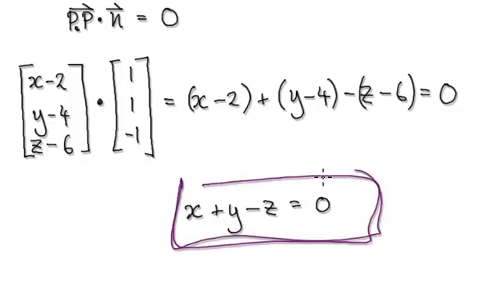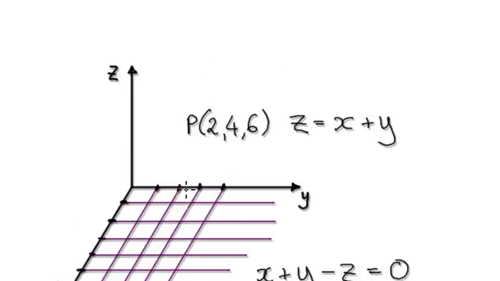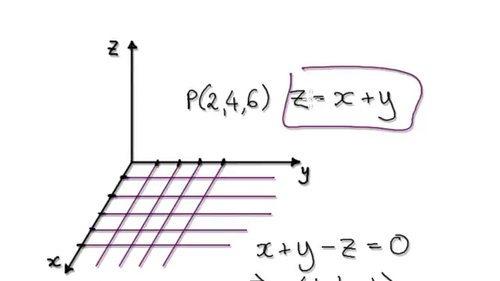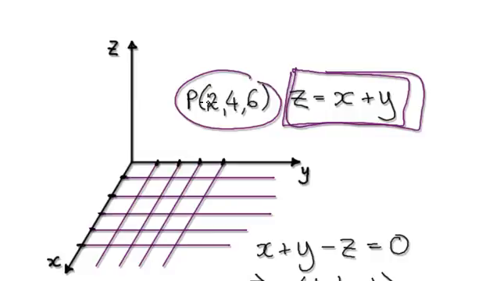As it turns out, this plane is exactly the same as this plane here. So in the original question, I asked you to come up with an equation of a plane that is parallel to this and passes through this point. As it turns out, this point is on this plane.